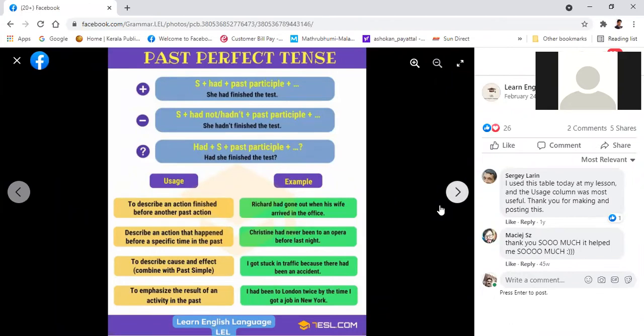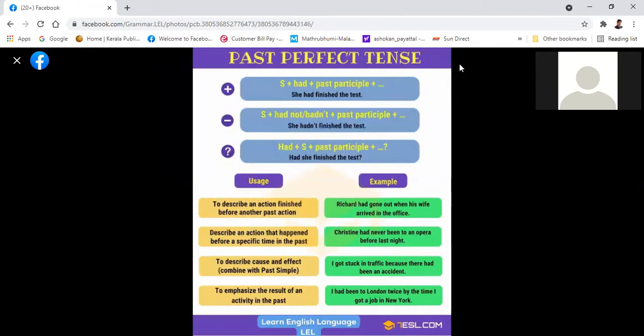Christina had never been to an opera before last night. Had never been means an action completed before a specific time. Another example: I had been in London before they met me. From this we can understand that there was one specific time I lived there, not at present.